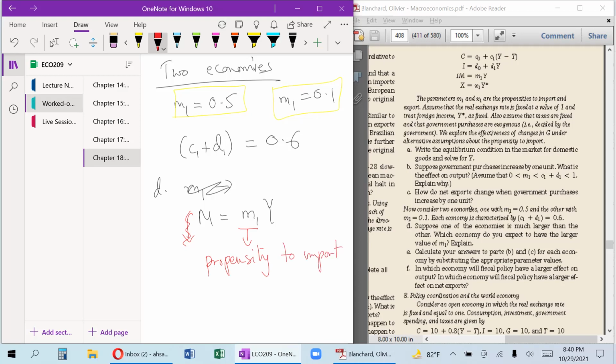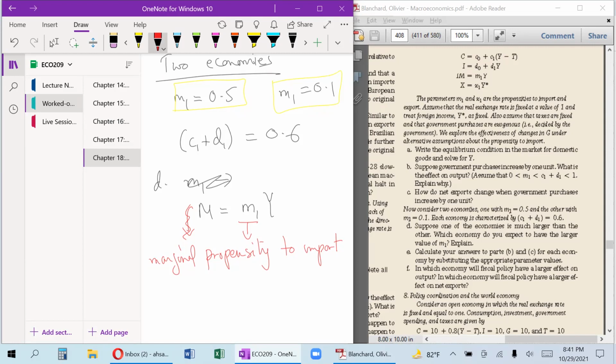Remember, C1 was the marginal propensity to consume. This is effectively the marginal propensity to import. So if we have an M1 of 0.5, what that means is that if our income goes up by 1, our import will go up by 0.5. If our income goes up by 10, import will go up by 5. That's what M1 is telling us: the marginal propensity that this country has to import.